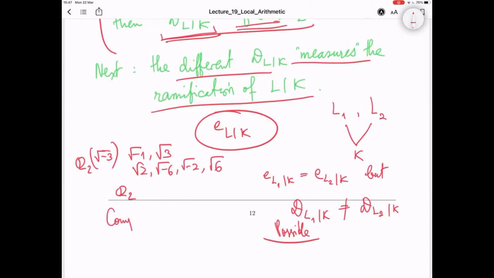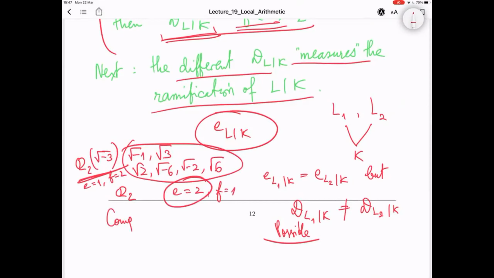So you have e equal to 2 for all of them, except for this one. Here e is equal to 1 and f is equal to 2. But for these other 6 extensions, e is equal to 2 and f is equal to 1. What you need to compute is the different of L over K for each of these L, where L is one of these 7 extensions, and K, of course, is Q2.